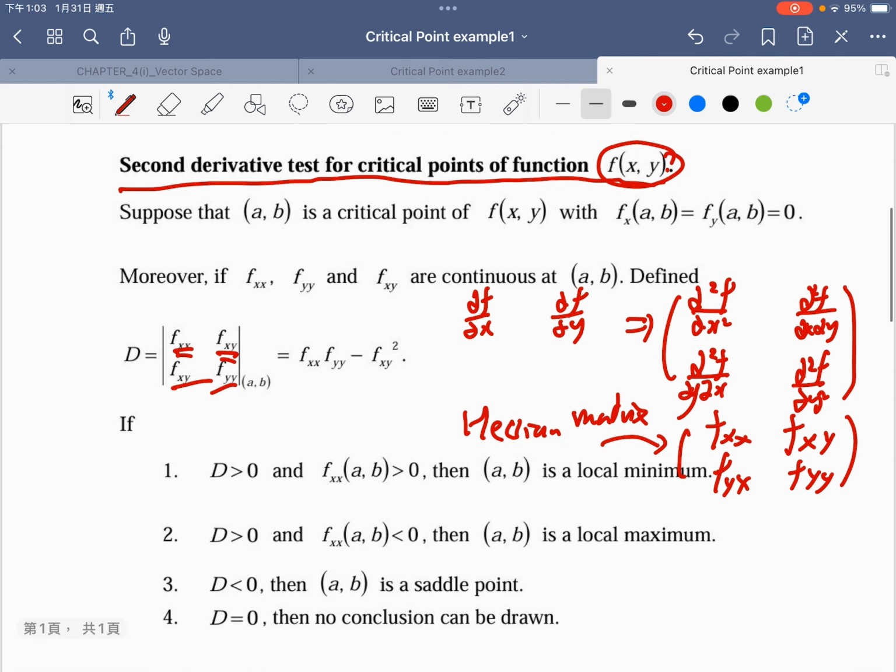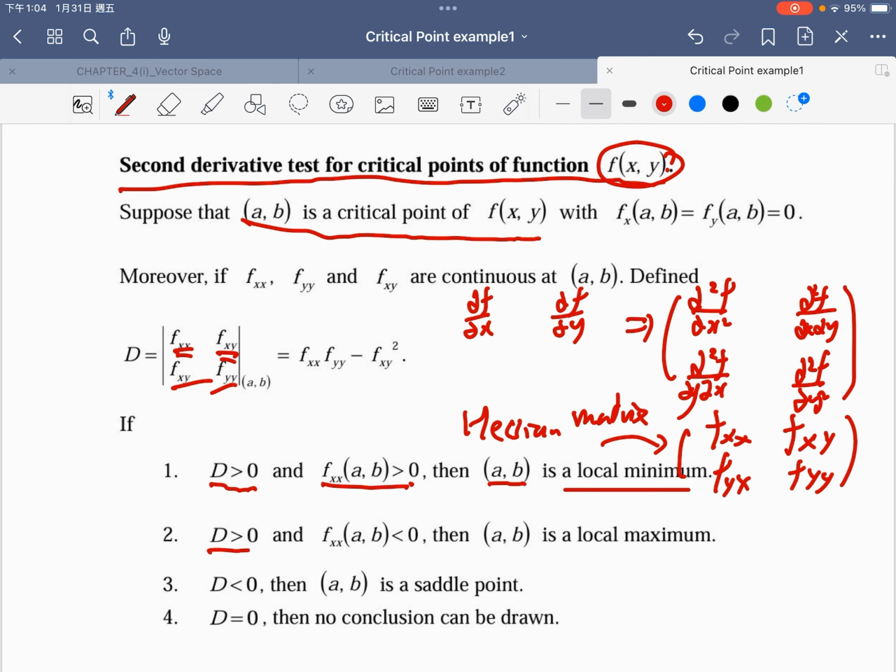For the Hessian matrix at a critical point of f(x, y), if the determinant of the Hessian matrix is greater than 0 and the second partial derivative of f with respect to x is greater than 0, then that critical point is a local minimum.